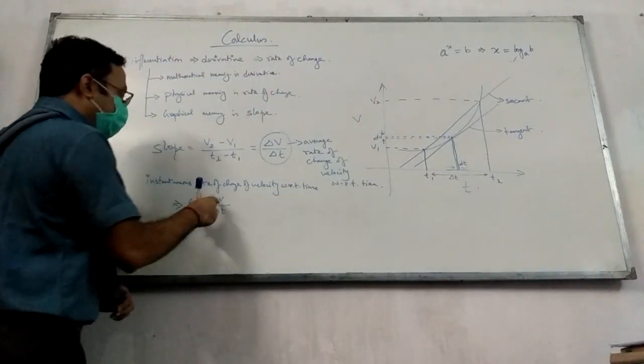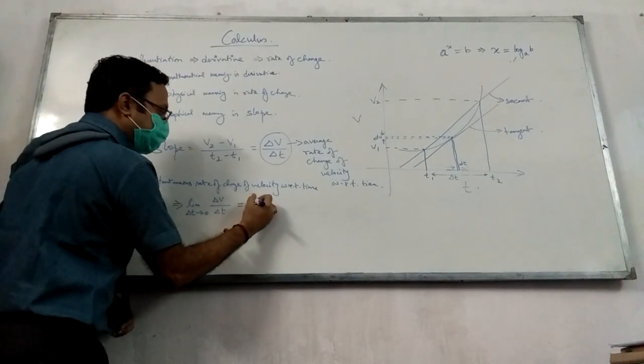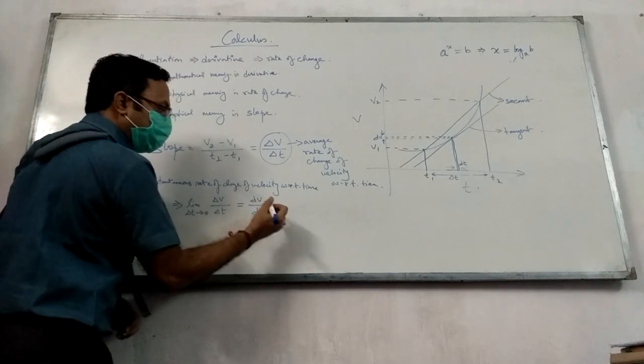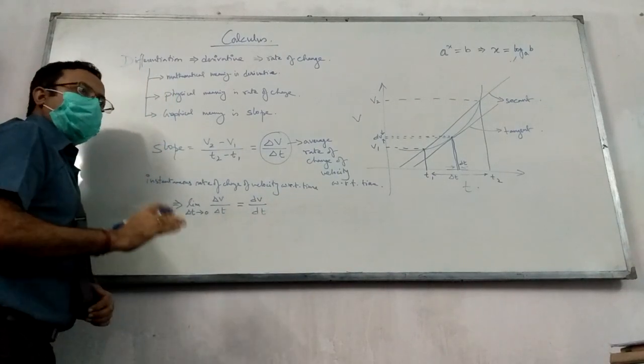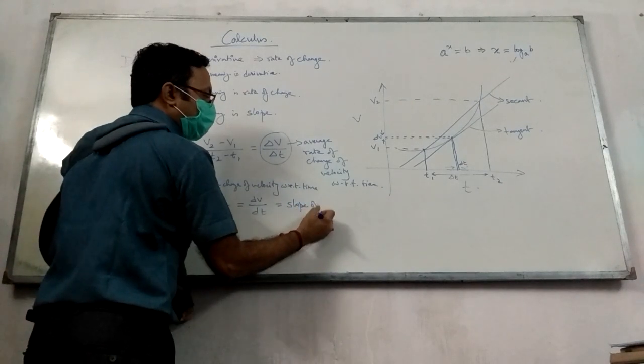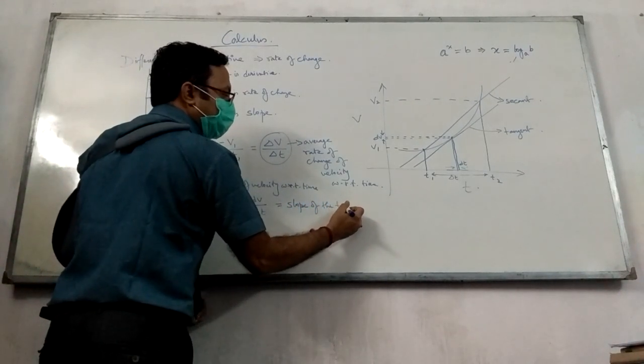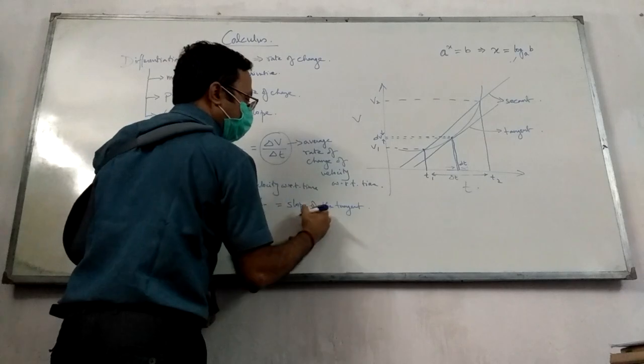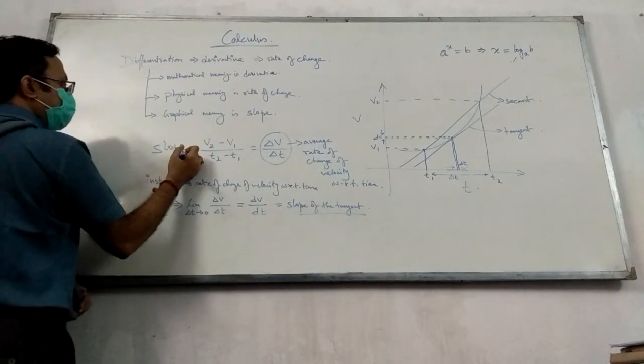So delta v by delta t, also represented as dv by dt, is equal to the slope of the tangent. This was the slope of the secant.